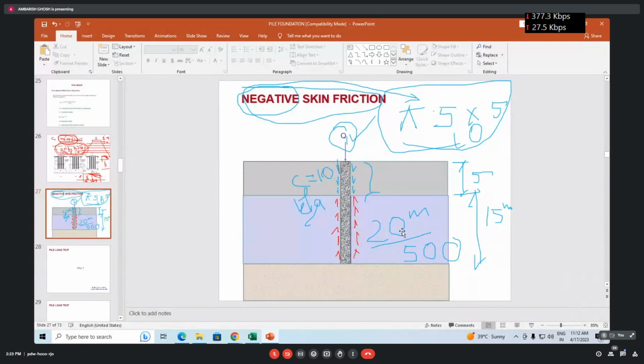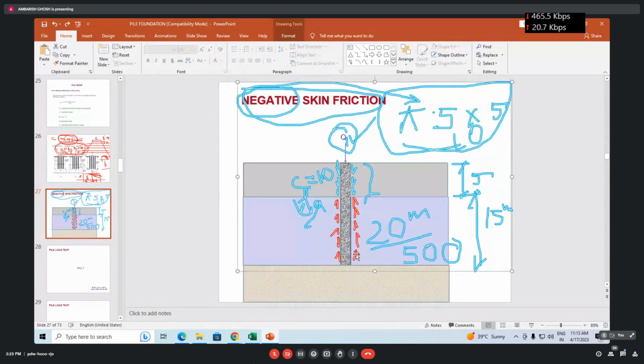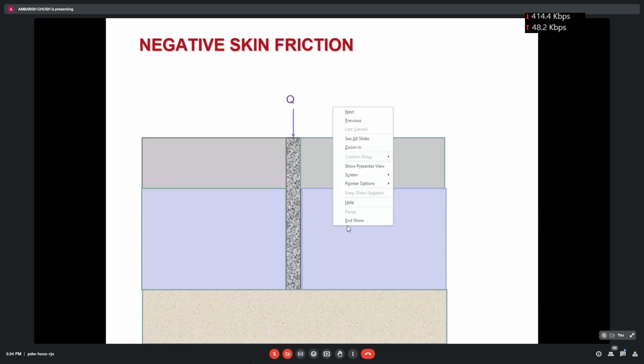Look, suppose one pile is there. Suppose this is a pile. Now suppose negative skin friction is not there. What will you do?